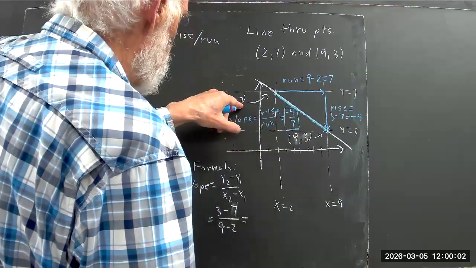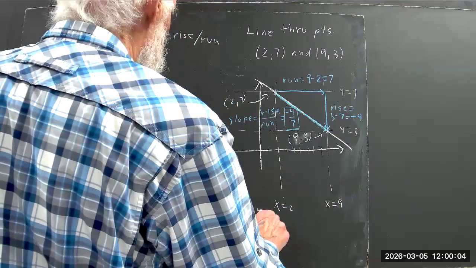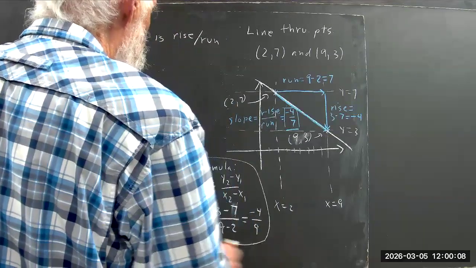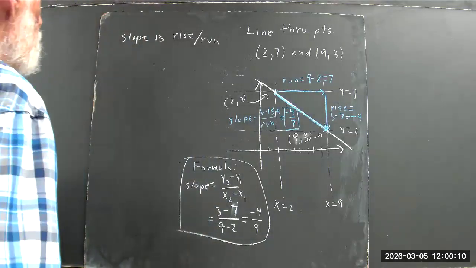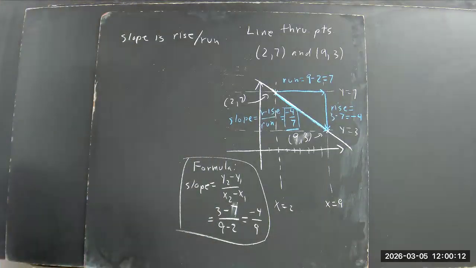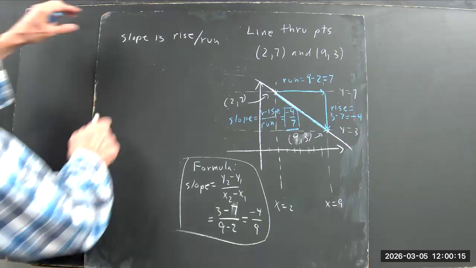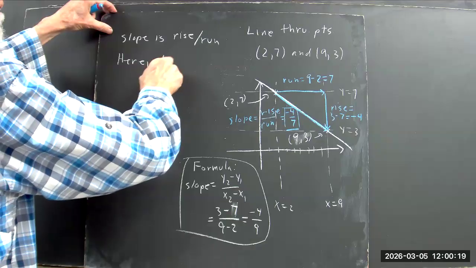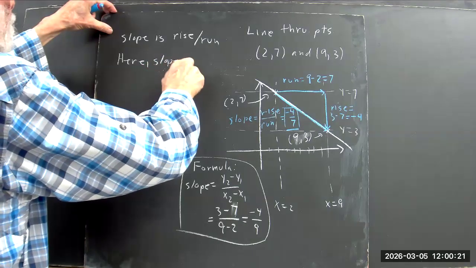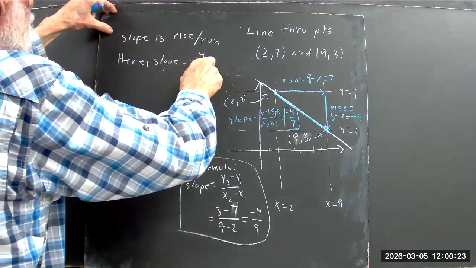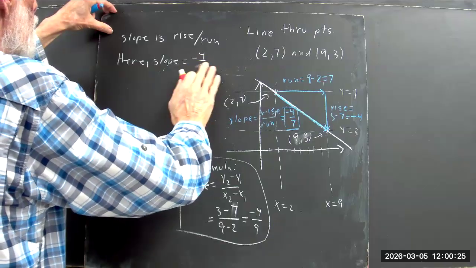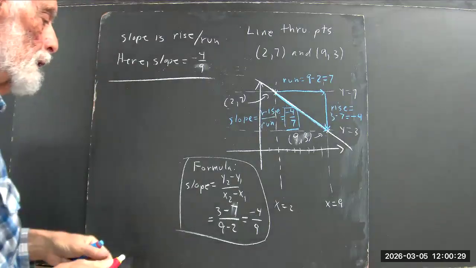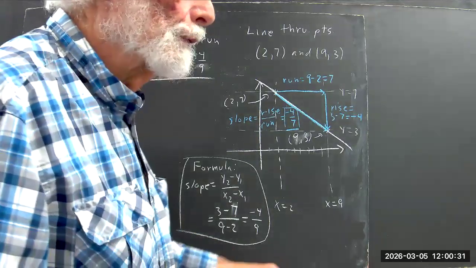It gives us negative 4 over 7. Okay, slope is the first thing you need to understand about straight lines.